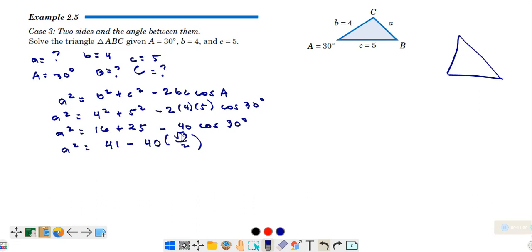I prefer to use the exact value, square root of 3 over 2, pag nasa loob tayo ng computation natin. So, a squared is equal to, I think I will opt to show you the calculation para hindi kayo basta nakikinig lang. So, just give me a moment.